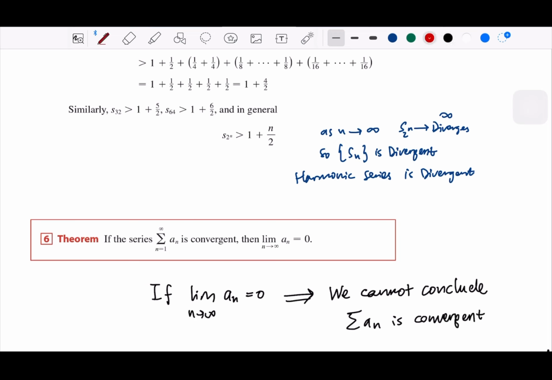Let me write with the red line here. This is very important. So first you need to know the series needs to be convergent first. Then you can have a conclusion that the limit will be equal to 0. Okay.